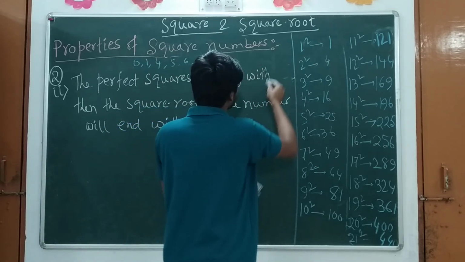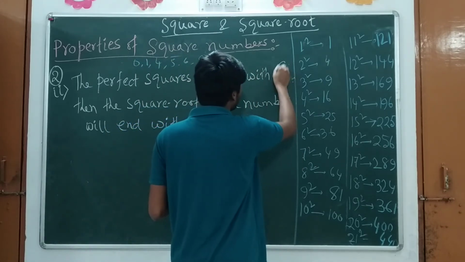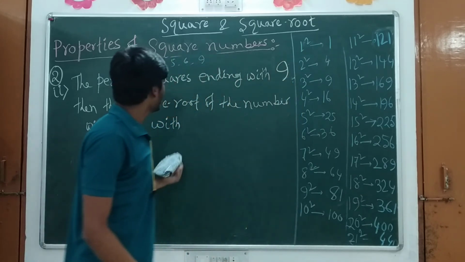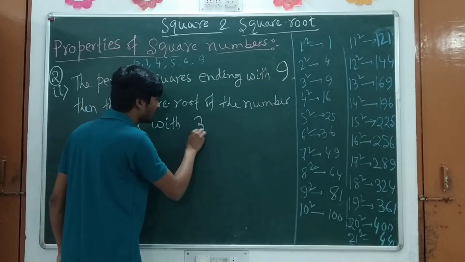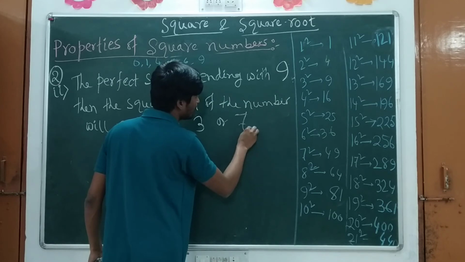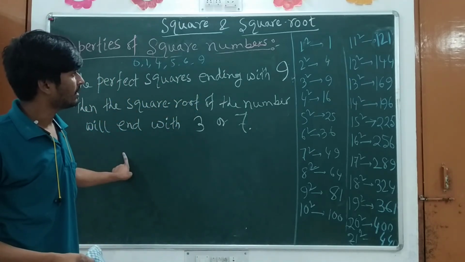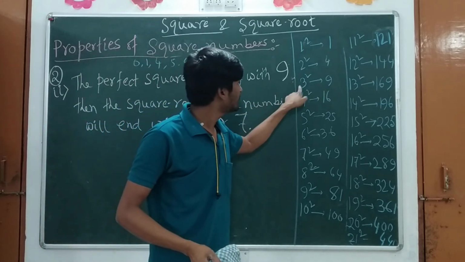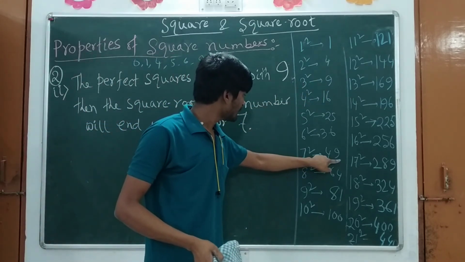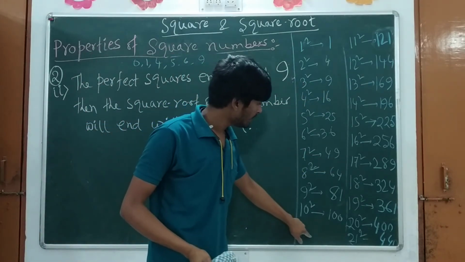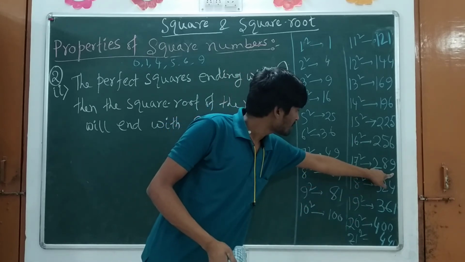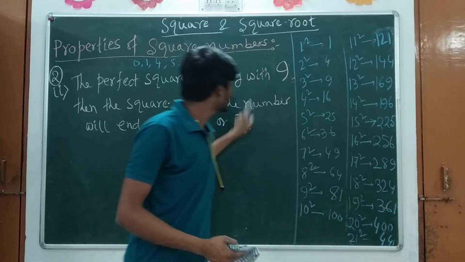If a perfect square ends with 9, then the square root will end with either 3 or 7. If you observe the pattern, you can easily find this. A square ending with 9 is 9, root 3; 49, root 7; 289, root 17, ends with 7. So this is also true.